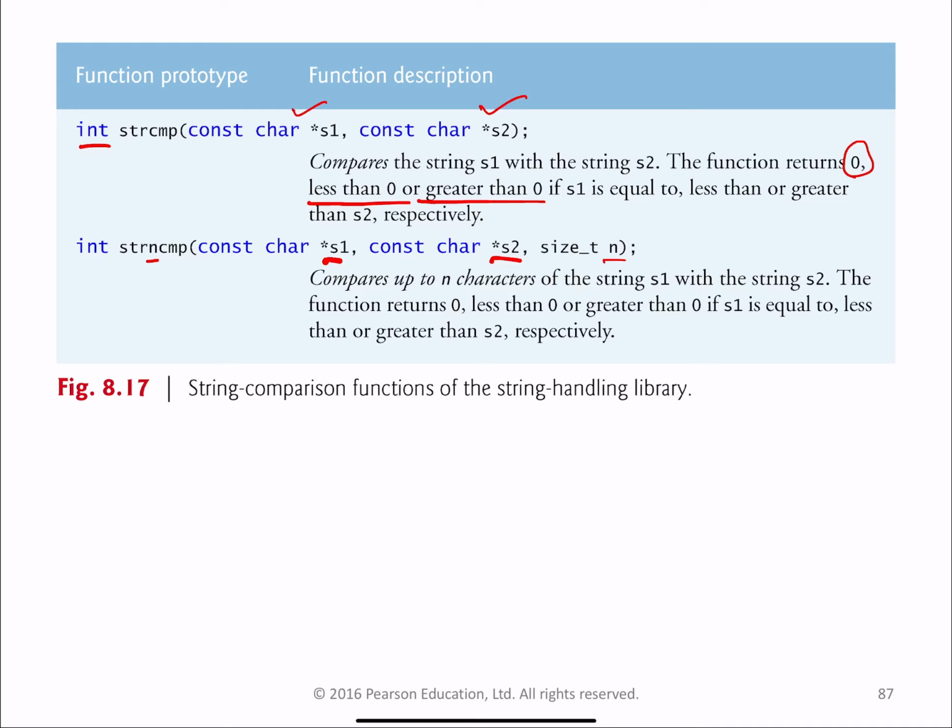The return type of strncmp is the same as for the previous strcmp function. It returns a 0 if the two strings up to the first n characters are equal, and it returns a value either less than 0 or greater than 0 if the first n characters of s1 and s2 are not equal.